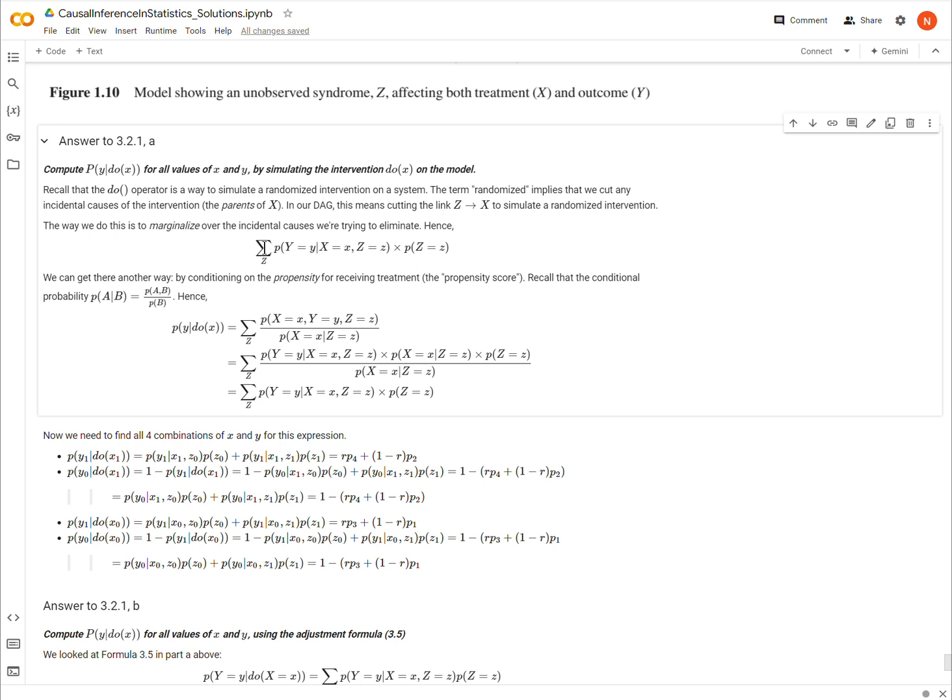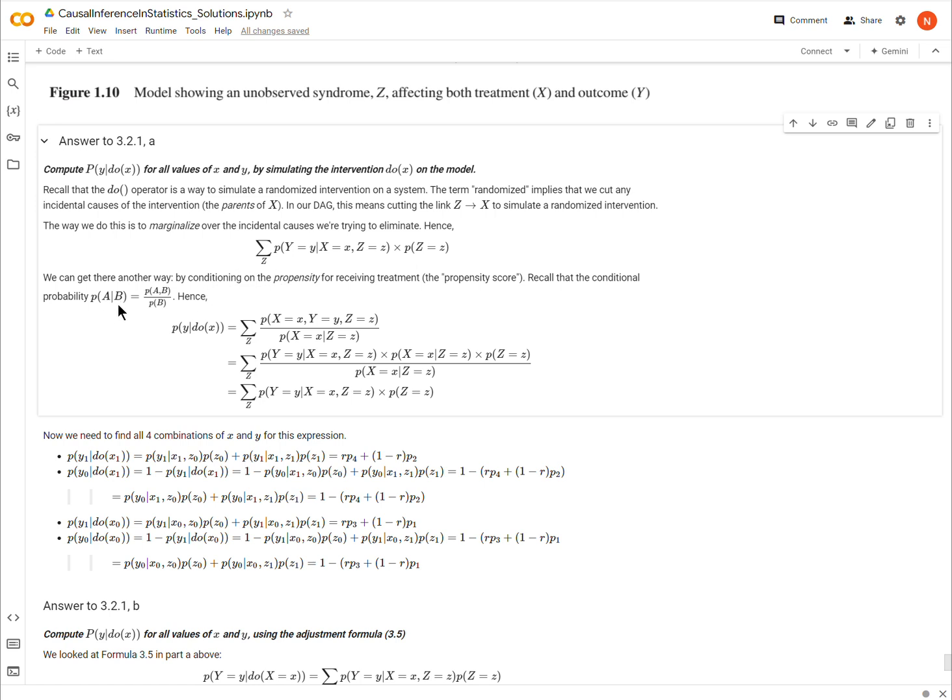Let's actually derive it. We begin with the joint probability distribution of all of our variables, and then we condition on what's called the propensity score, which describes the propensity to receive treatment given whatever other variables determine that treatment.